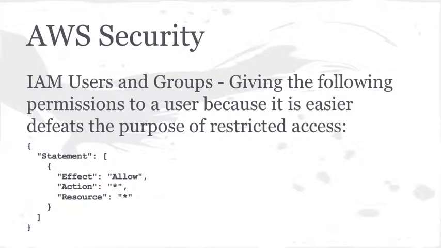Let's see here. This AWS IAM users and groups, you can specify very granular level permissions in IAM. You should never have a star.star permission level. What this means is it is giving any action allowed to any resource. So you should fine-tune this as specific as possible, even down to the S3 bucket level if you need to.